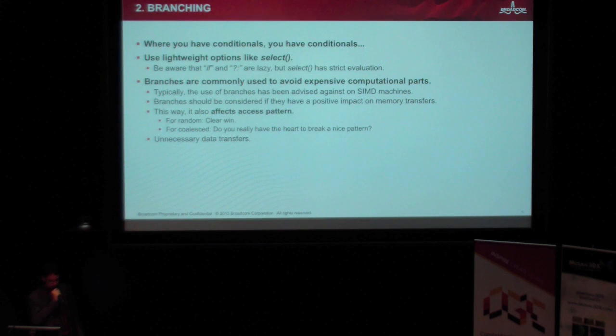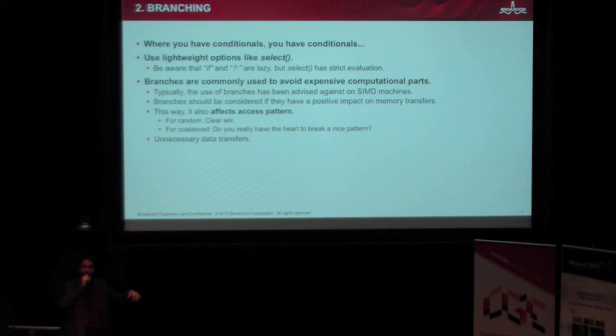What is important to say is that it's not entirely true. Branching can have an effect on the memory access pattern, and this way it can be particularly important as an optimization tool.